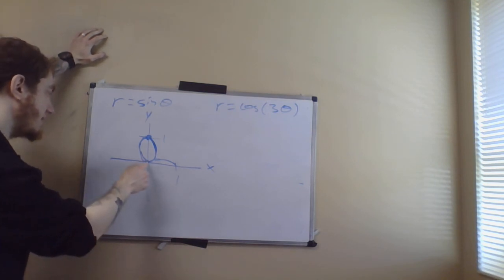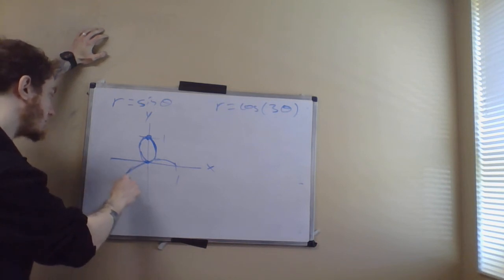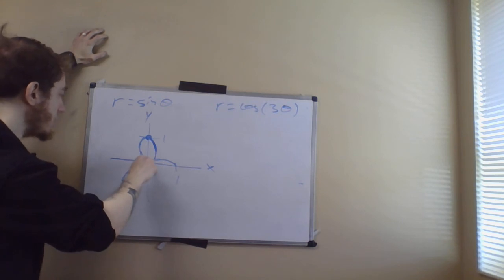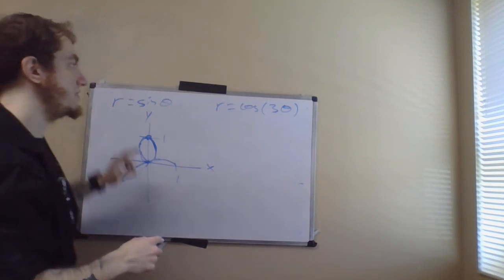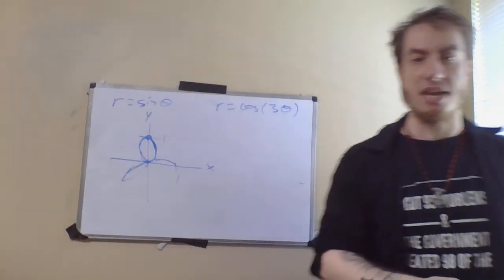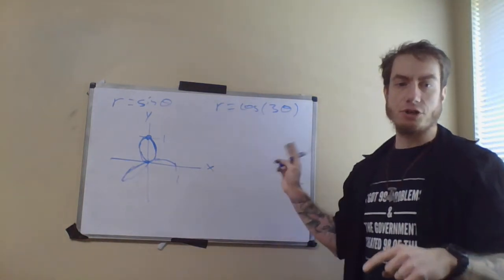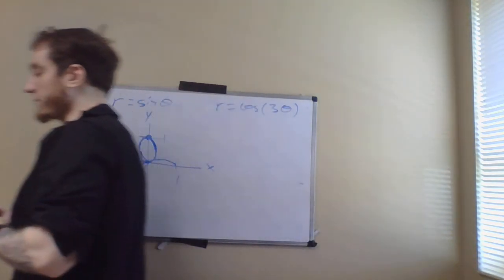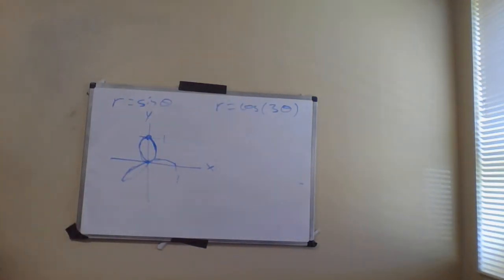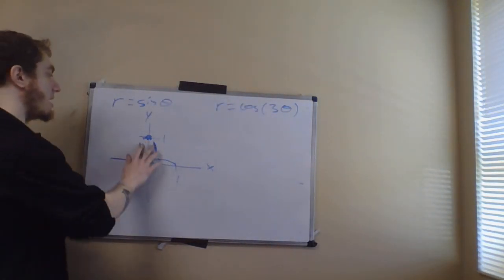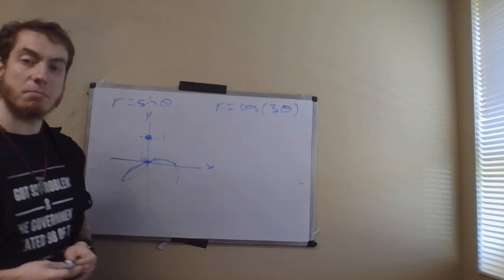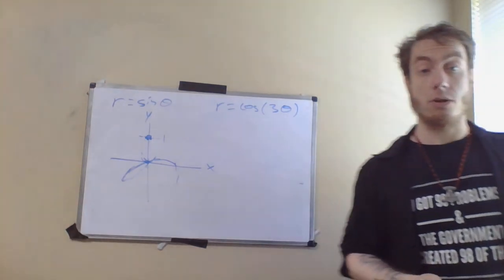And so that's going to get you a thing going out in this direction. And then it's going to start coming in again. And what you find when you do this is you end up with this triple petal type thing going on. So I'm not going to finish doing this graph. I think seeing it done by the computer might be a little more useful than watching my terrible attempts at trying to draw, just because I am incompetent at drawing. But you keep on going like this, and you end up with this really pretty flower petal kind of structure.